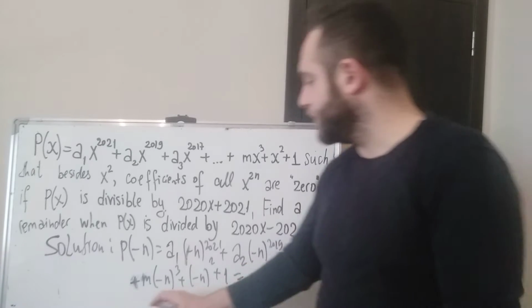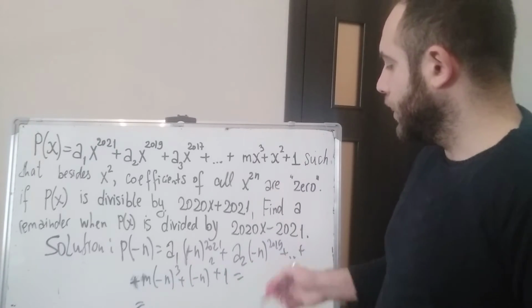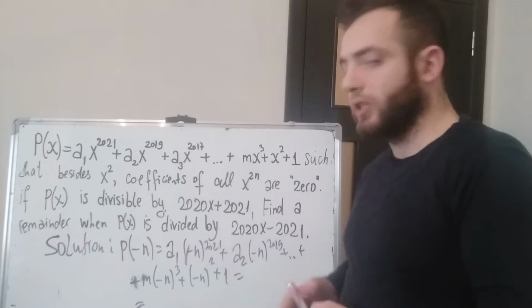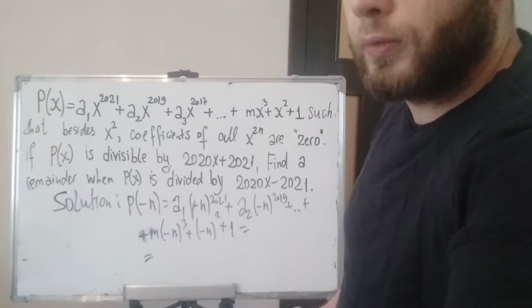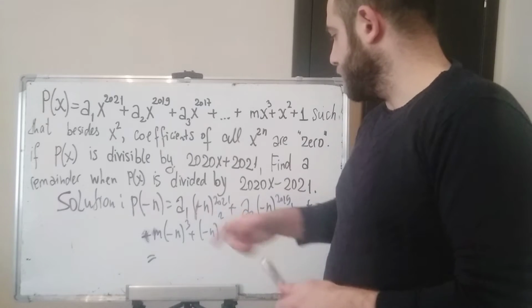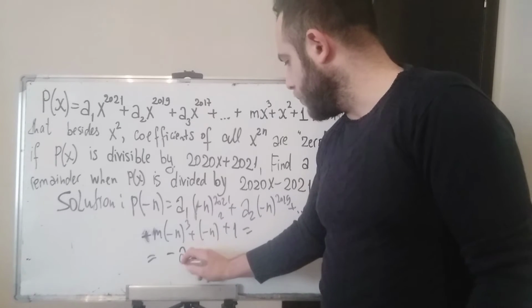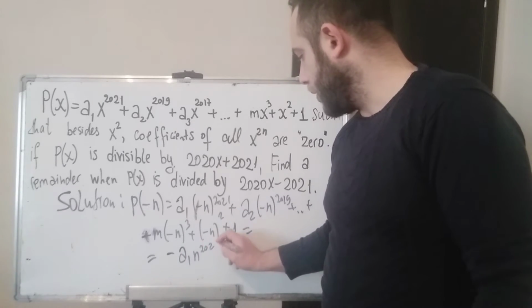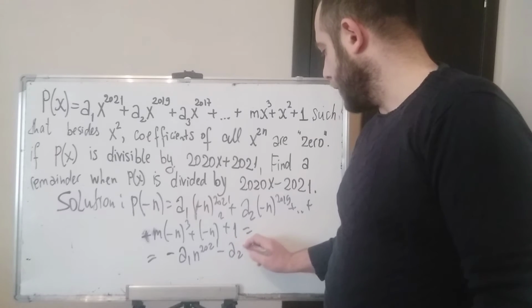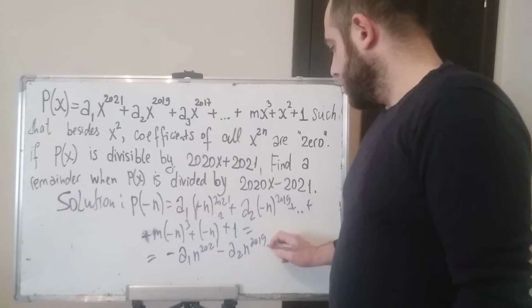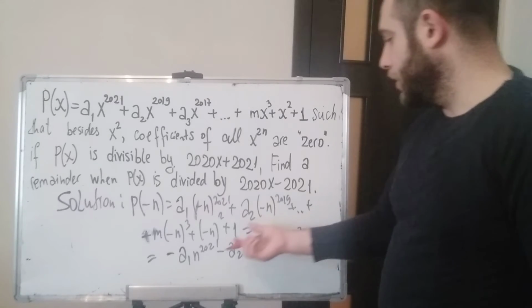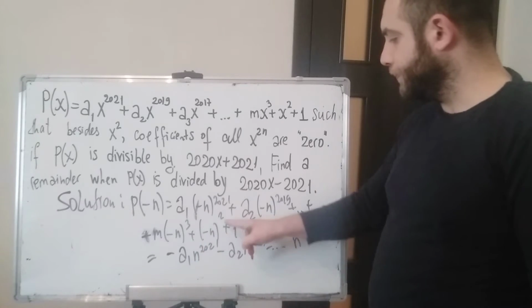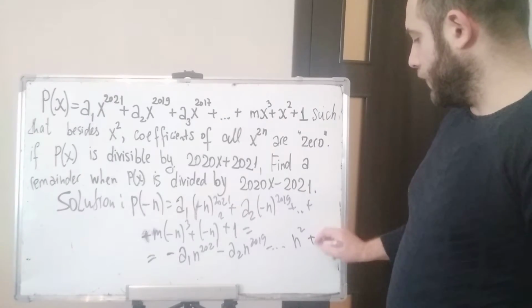If we simplify, we see that these are just odd degrees, so it will be just minus a1 n to the 2021, minus a2 n to the 2019, and so on, and just n squared because this is an even power, plus 1.